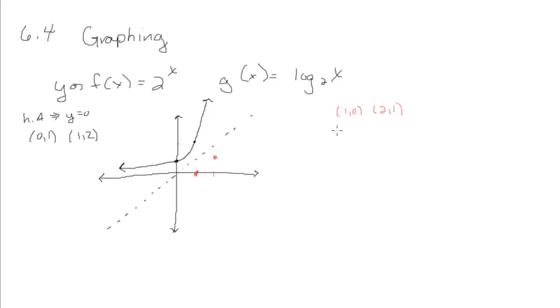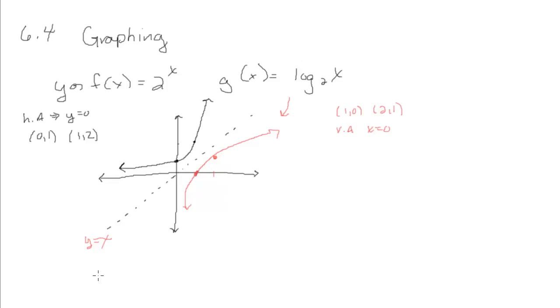And likewise, since we had a horizontal asymptote of y equals 0, in this case I will have a vertical asymptote at x equals 0, or the y-axis. So this function will look like this. So this is my log base 2 of x, and this one is 2 to the x. Again, symmetry with the line y equals x.